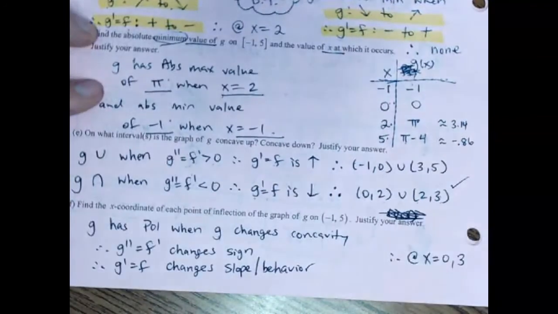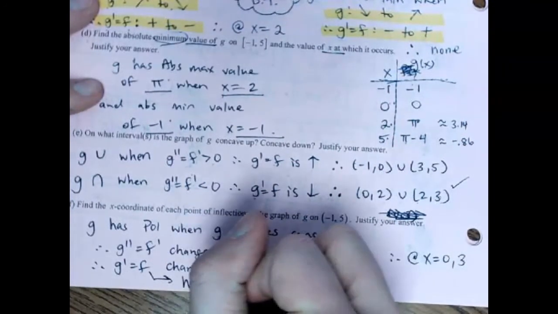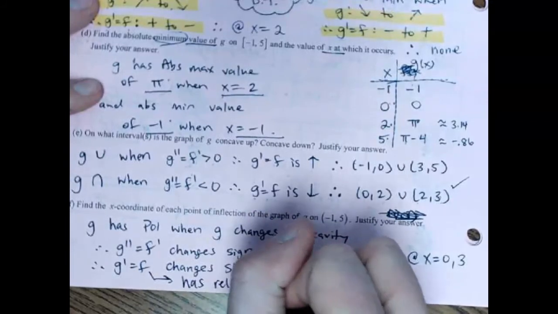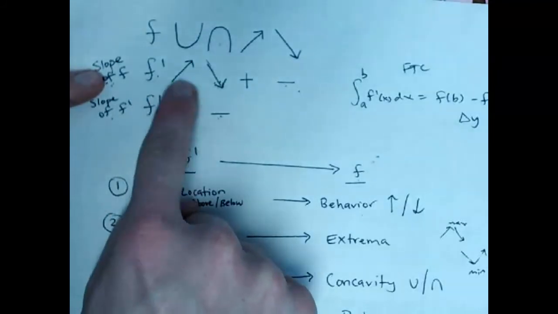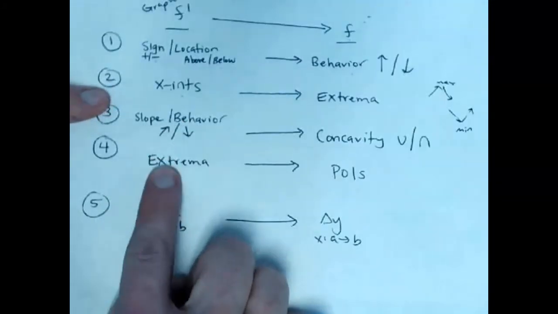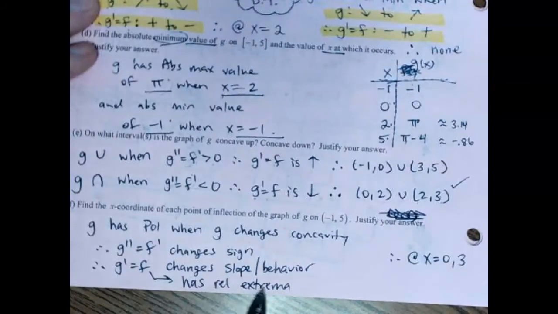You could also say where G prime, which is f, has a relative extrema. Remember, the places where this derivative changes behavior, right? If your graph changes behavior, that means it's going to have an extrema. So wherever we have maximums and minimums on the first derivative, those are going to be the points of inflection.